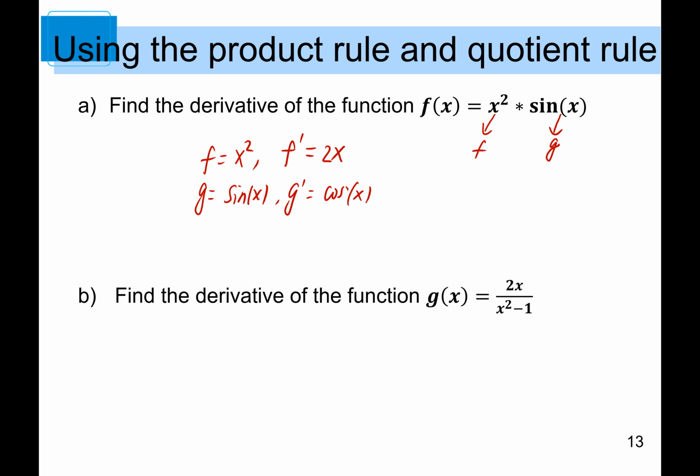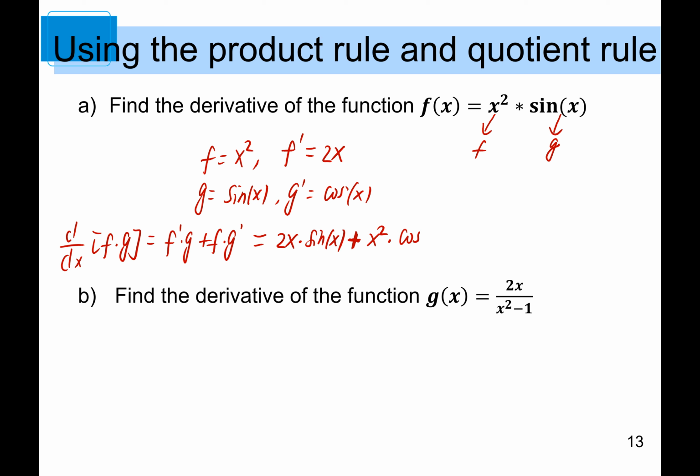Alright, so then we just apply the product rule: f prime times g plus f times g prime. After that, we replace f prime and g prime with the given expressions. f prime is 2x times g, sine x, plus, always plus for the product rule, f which is x squared times g prime which is cosine x.